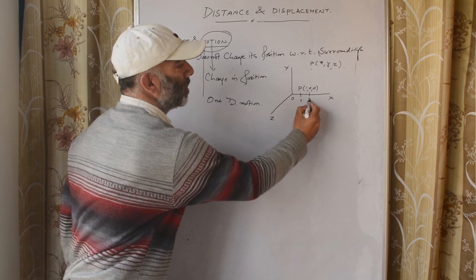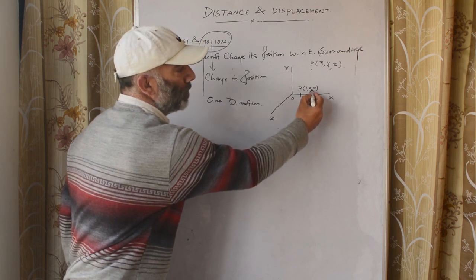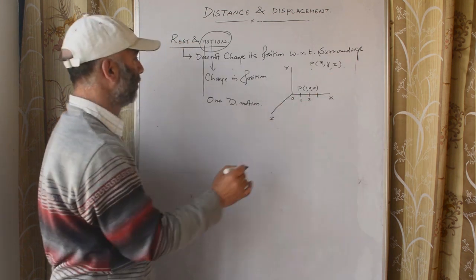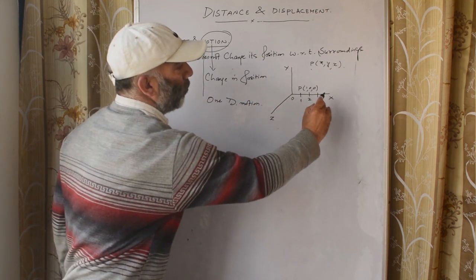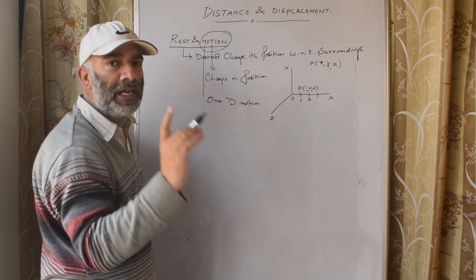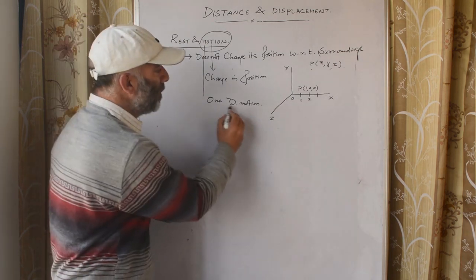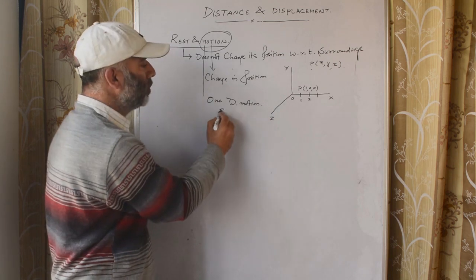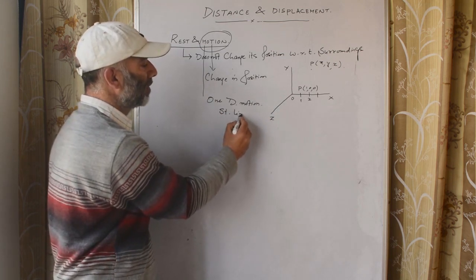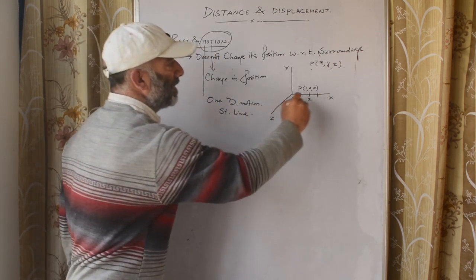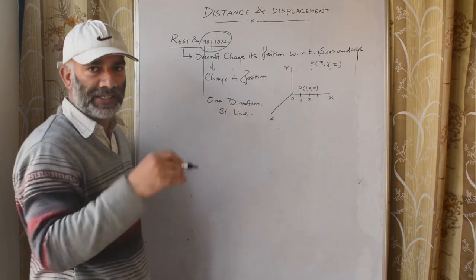And the position coordinates will be 2, 0, 0, 3, 0, 0, so on. So we can call this type of object is in motion and is executing one-dimensional motion. In one-dimensional motion, the object moves in straight line. It can move along x-axis, y-axis, or along z-axis.